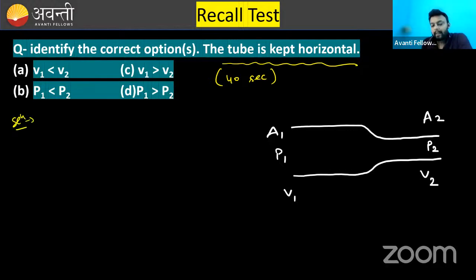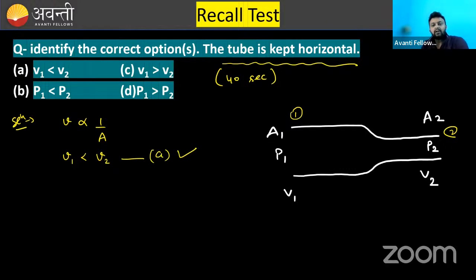You know that velocity is reciprocal to the area from the equation of continuity. Area is more at this end, so velocity will be less. That means V1 is less than V2. This is option A, so option A is correct. Now, if option A is correct, then option C is definitely wrong.